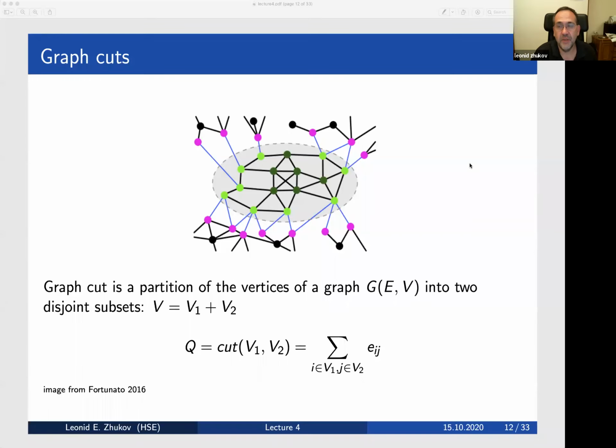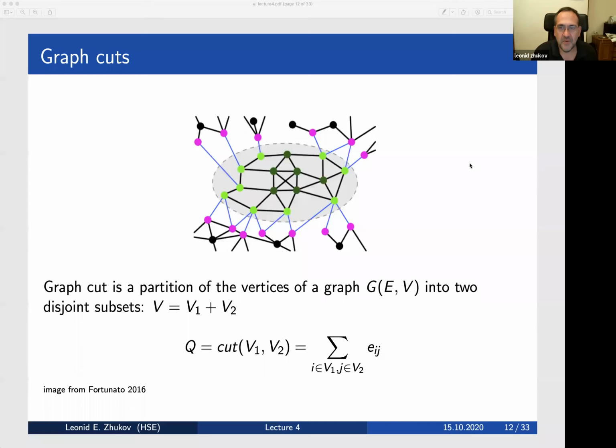Because remember, when we defined the cluster or the community, we said, look, it's a group of nodes that are better connected inside than with the outside. And so to evaluate the connection with the outside world, I can say, look, it takes me 10 edges to cut it out. So, 10 is how well it is connected to the rest of the graph.